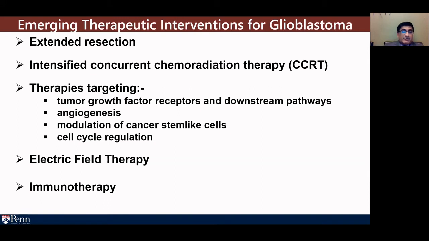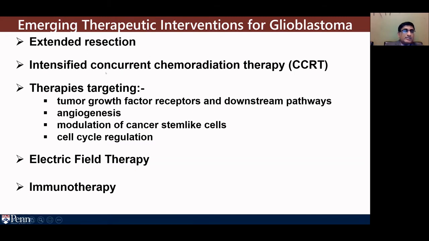Or sometimes the tumors may be located in regions which are not amenable to surgery, like the deep brain regions, the posterior fossa, or sometimes the thalamus. In those regions, we cannot remove the tumor as much as possible. But if we can extend the resection, it has been shown that the survival outcome is directly proportional to the extent of resection. The greater the extent of resection, the better the clinical outcome.